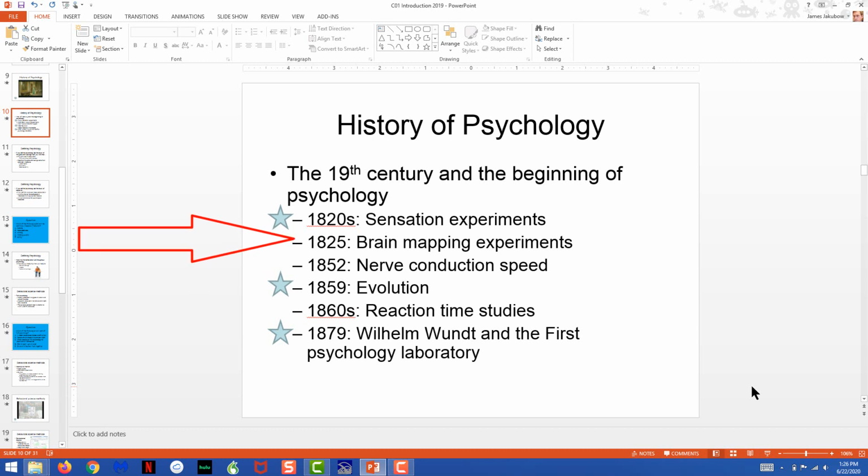Consequently, these early biologists doing brain mapping experiments started to show that the brain, even though you couldn't tell what was where by looking at it, you could actually detect some of its circuitry by stimulating certain areas of the brain and establishing a map from its outer surface.